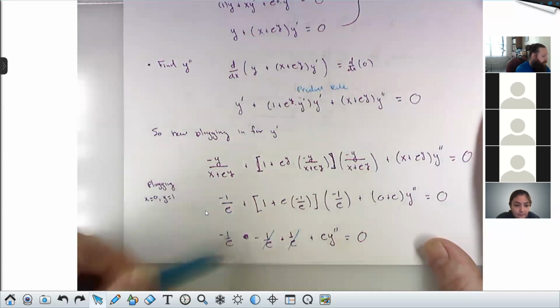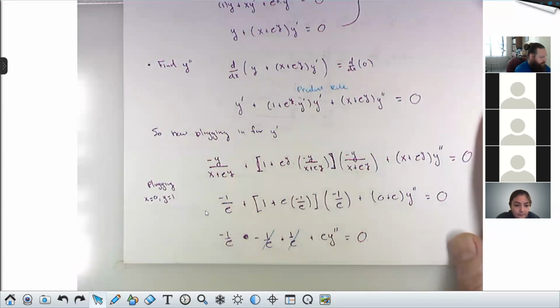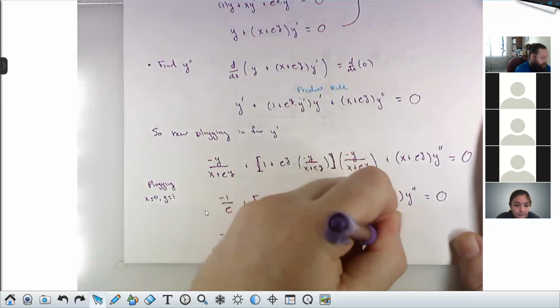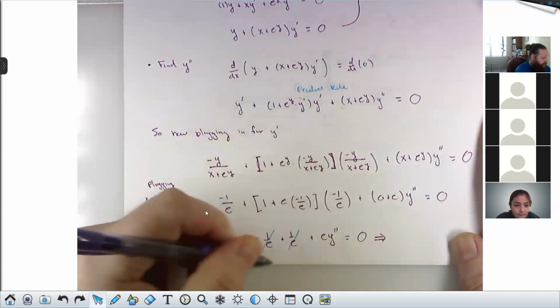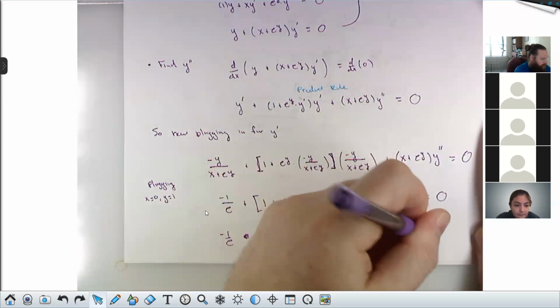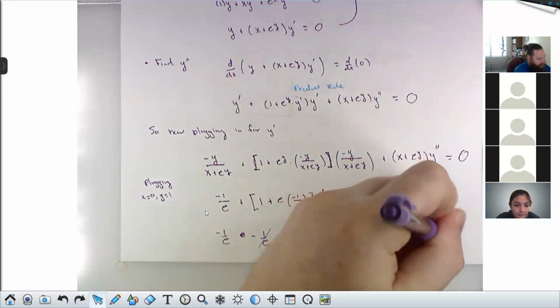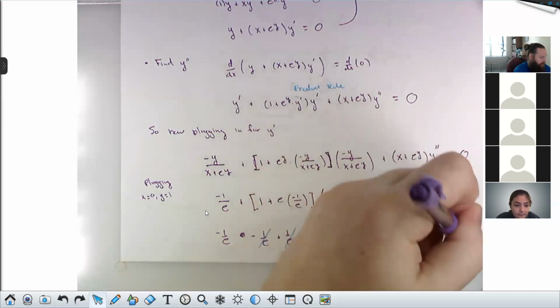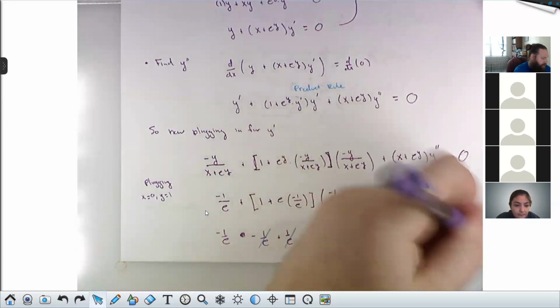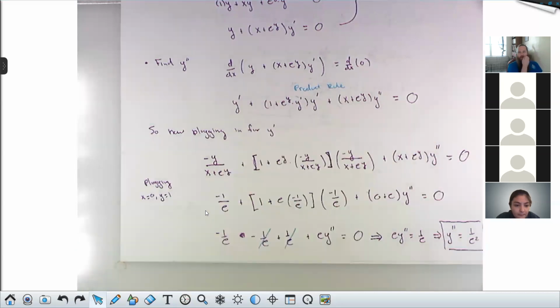And I get negative 1 over e plus e times y double prime equals 0. So if I solve that, I can add 1 over e to both sides. It gives me e times y double prime equals 1 over e. And then divide both sides by e. So y double prime is perfectly going to fit as 1 over e squared. It's quite a bit of work, but it's manageable.